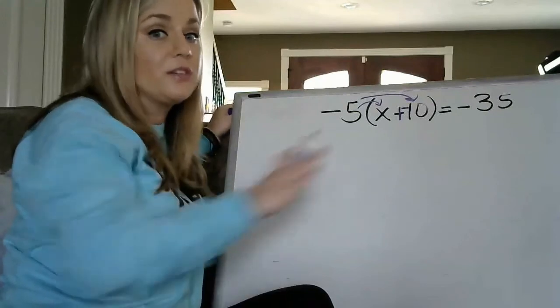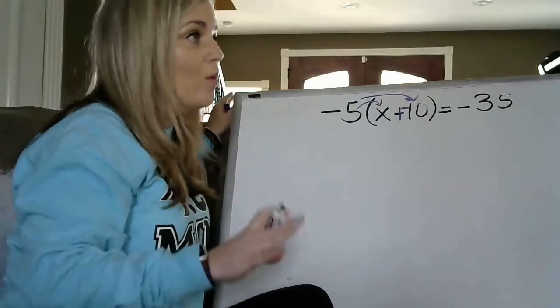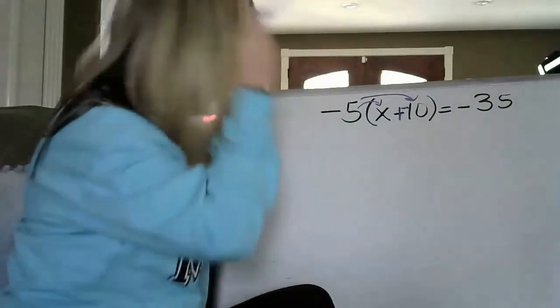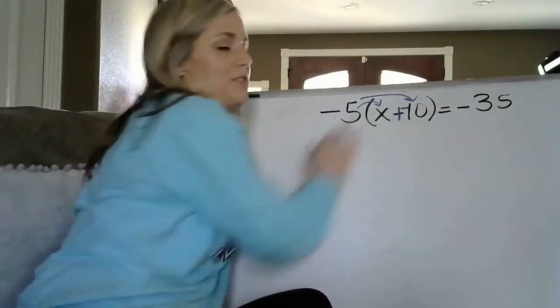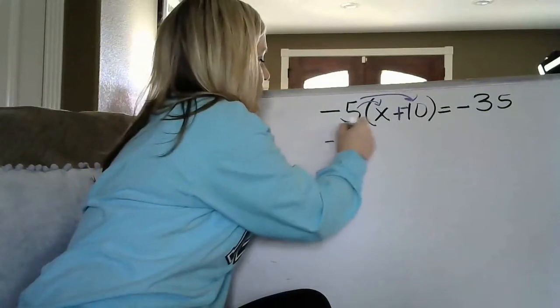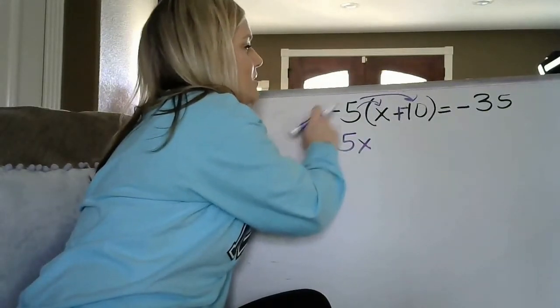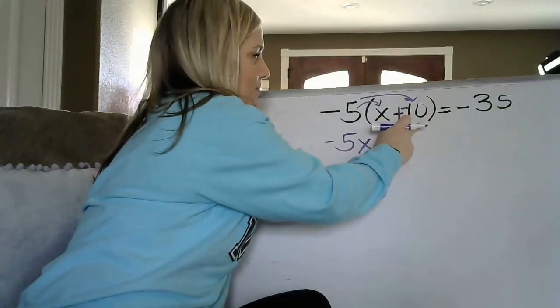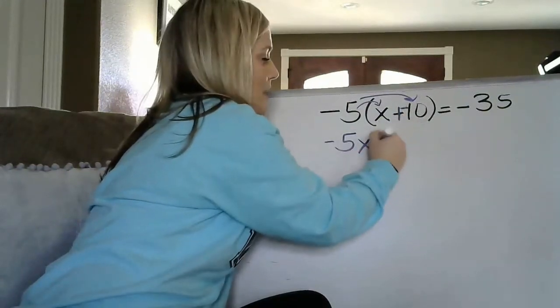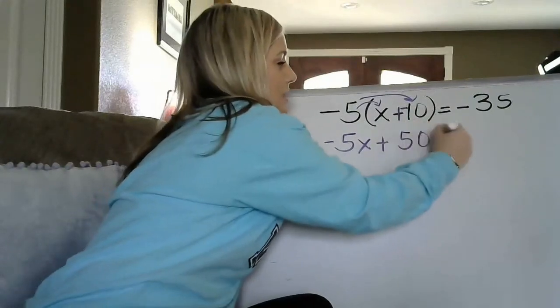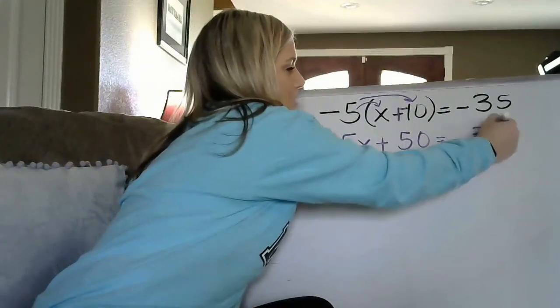All right, so we're going to do it that way. Just go with me, okay? So negative 5 times x is negative 5x. Negative 5 times negative 10 is plus positive 50, equals negative 35, okay?